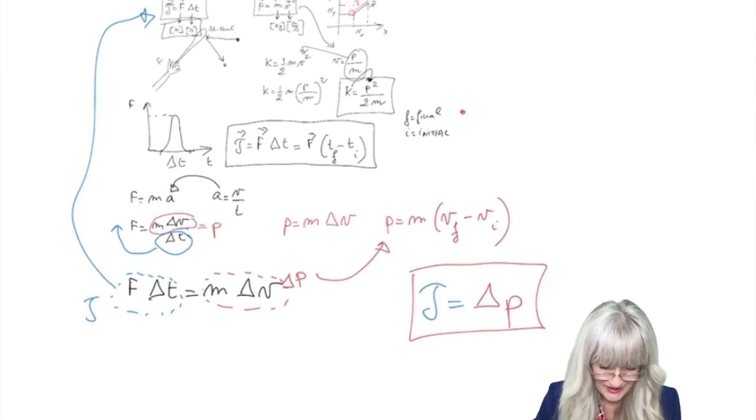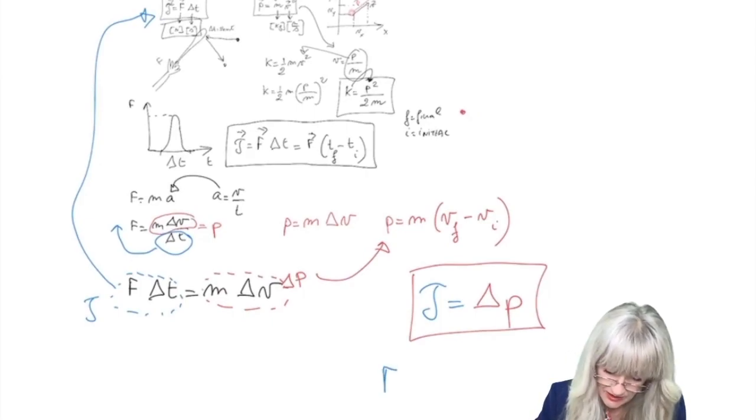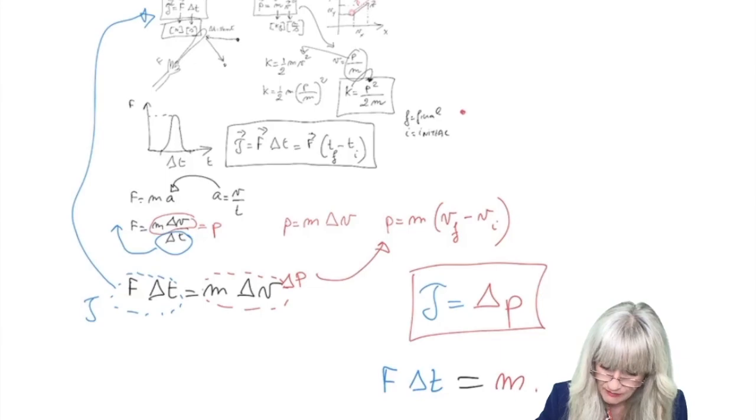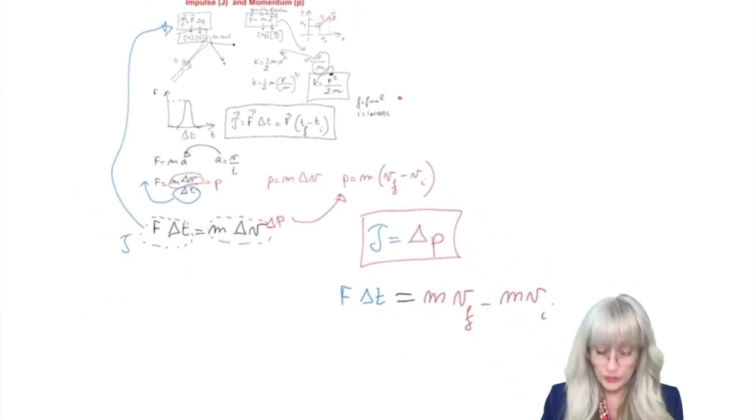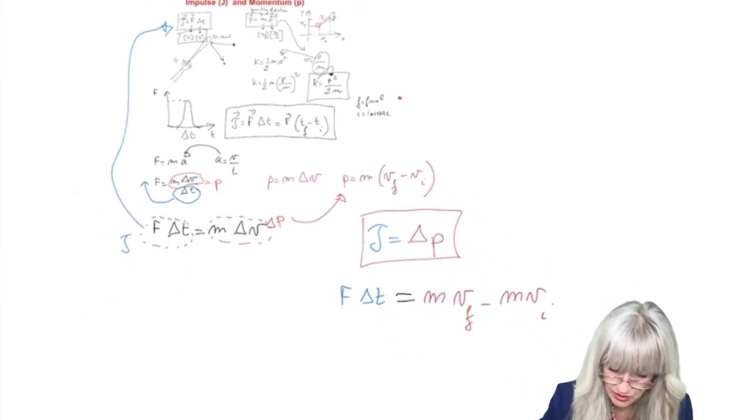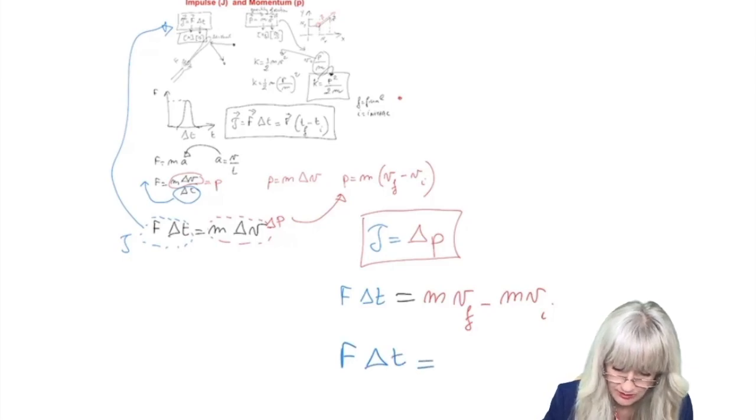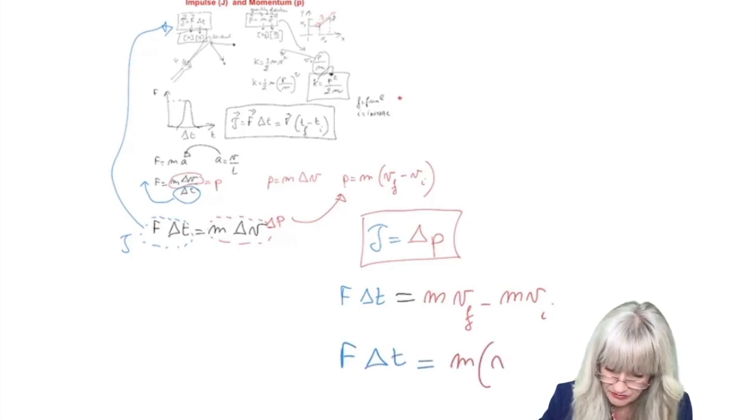I'm going to spell it out. Force multiplied by delta t equals the change of momentum. What does it mean? mv final minus mv initial. Or if you prefer, absolutely not a problem, F delta t equals mass times v final minus v initial.